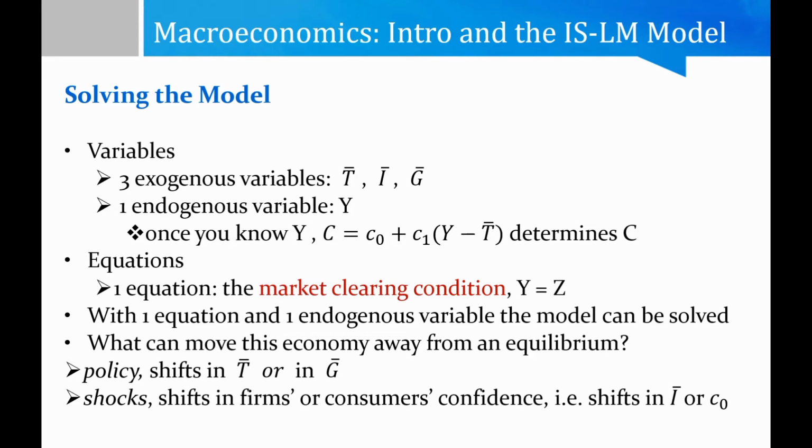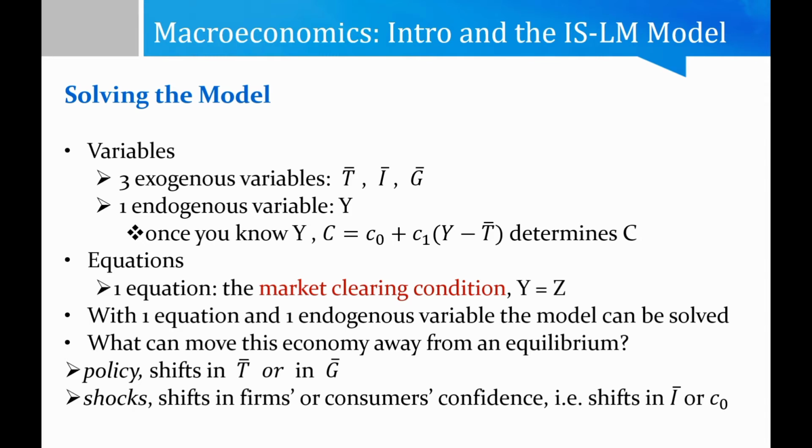Now we will solve the equilibrium in the goods market. There are three exogenous variables under this model: the taxes, investment, and government spending. And there is only one endogenous variable, which is Y, or income. When we say endogenous variable, it is a variable that is derived within the model.